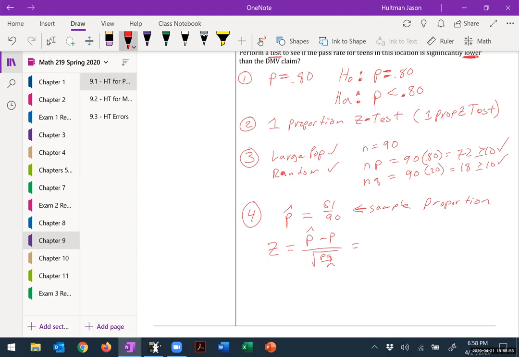P hat is 61 over 90. I'm not going to make it a decimal just yet, because I don't want rounding error. Minus our population proportion, which is 80%, all over the square root of 80% times 20%, all over our sample size, which is n.